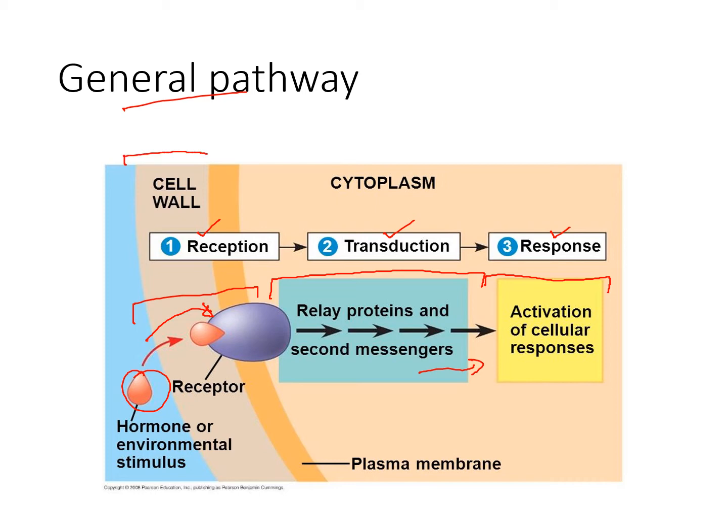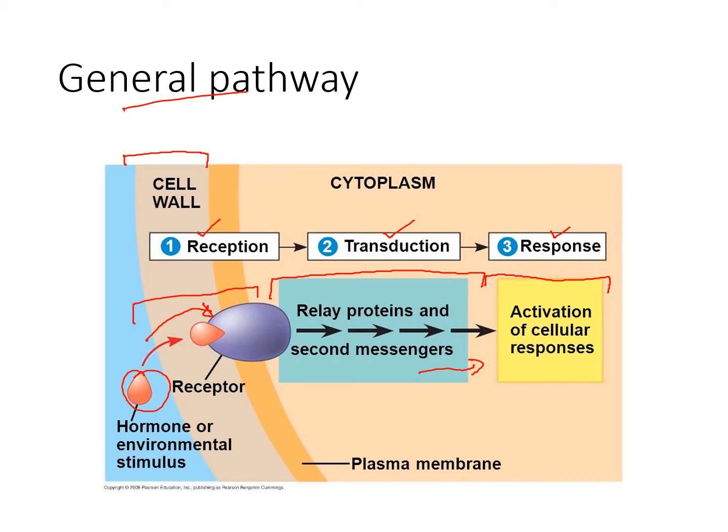So this is a basic pathway, and you must remember that the ligand is the compound or chemical that remains outside the cells. So the ligand is only shaking hands or conveying the message to the receptor.